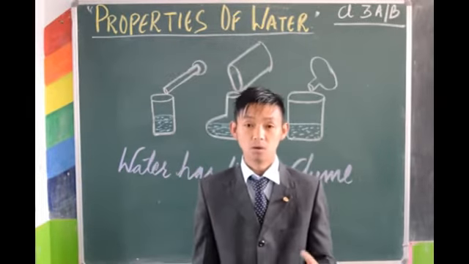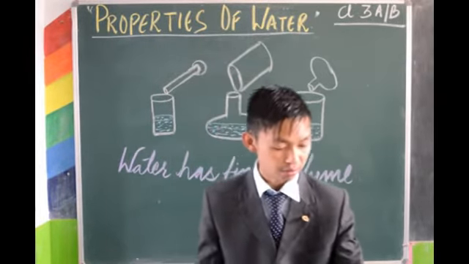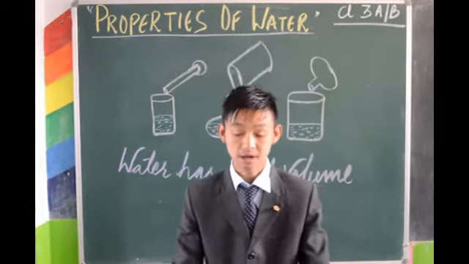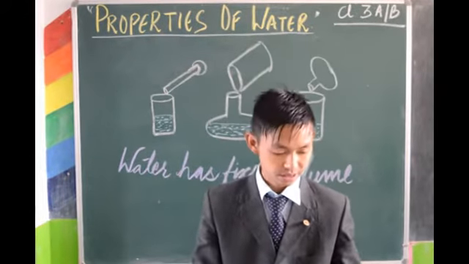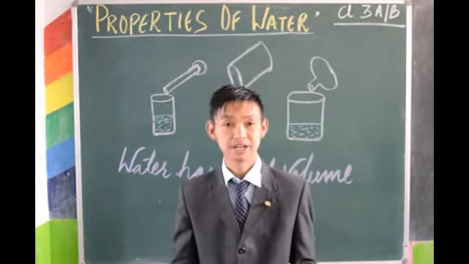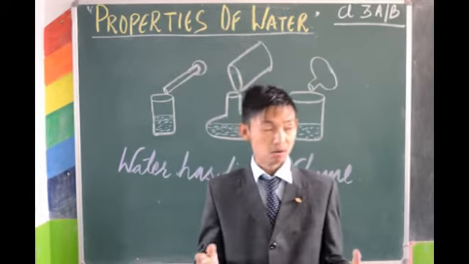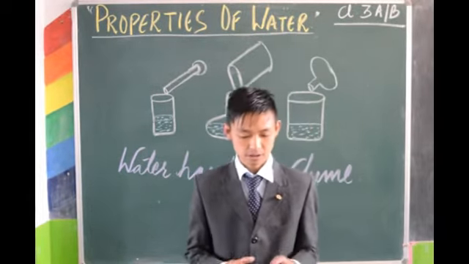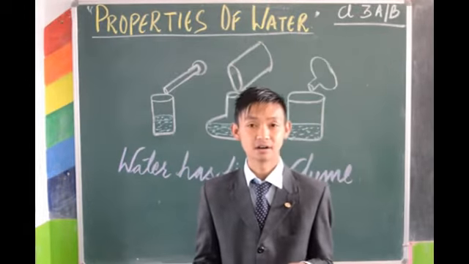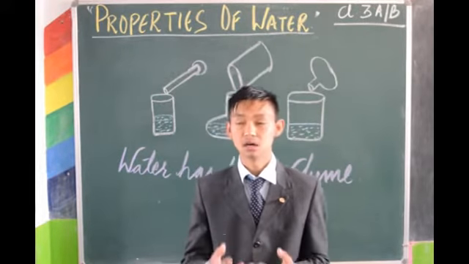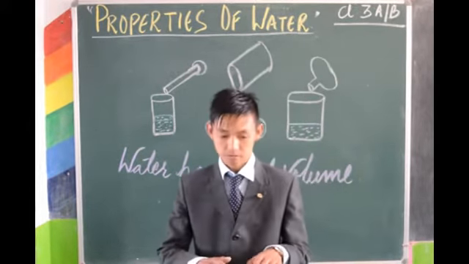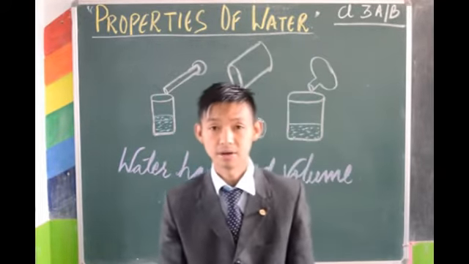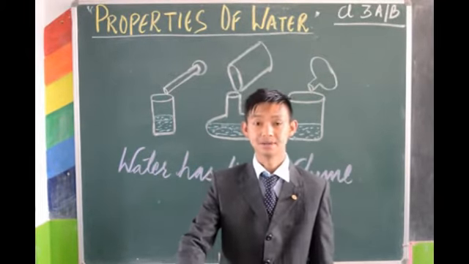Another one: water occupies space. I will demonstrate all these things in the next video by another means. Today I'm just explaining that water occupies space. How? When we fill a container with some solid substances like sand or mud or stone up to the rim, on the top, and then we pour water into it, what happens?